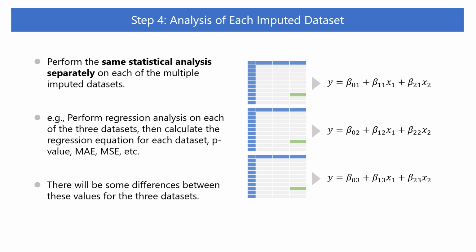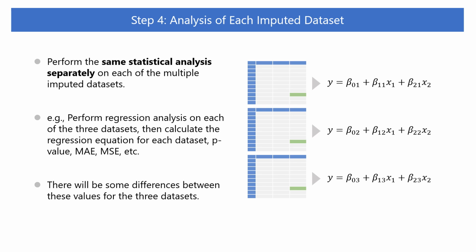Calculating the regression equation means calculating each variable's intercept and regression coefficients. The p-value is a value that indicates whether or not each variable has a statistically significant effect. It is calculated for each variable.